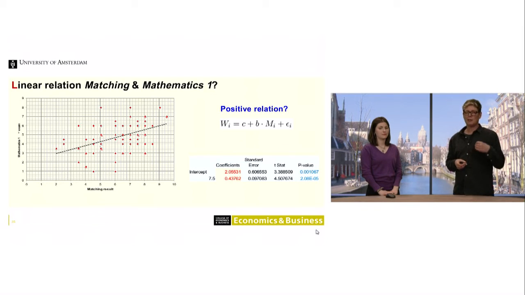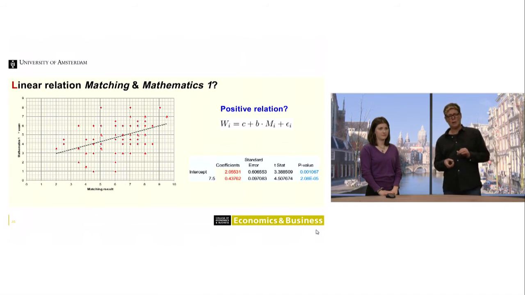So what we expect is that if your grade for the matching is very high, then you will also have a high grade for mathematics. And the converse as well. If you have a very low matching result, then we hope that we gave you good advice, so this should also relate to a low Mathematics 1 result.